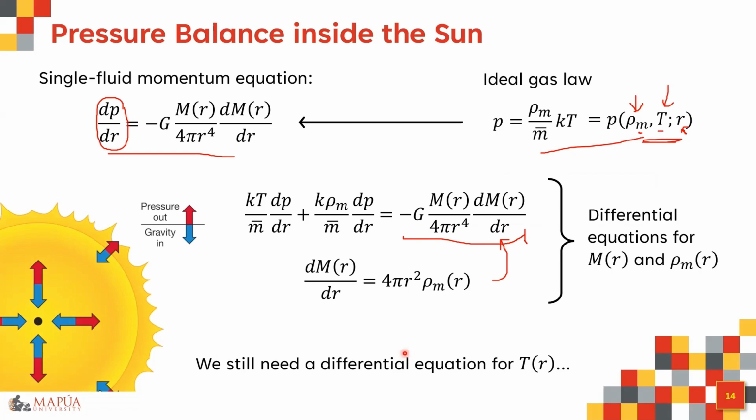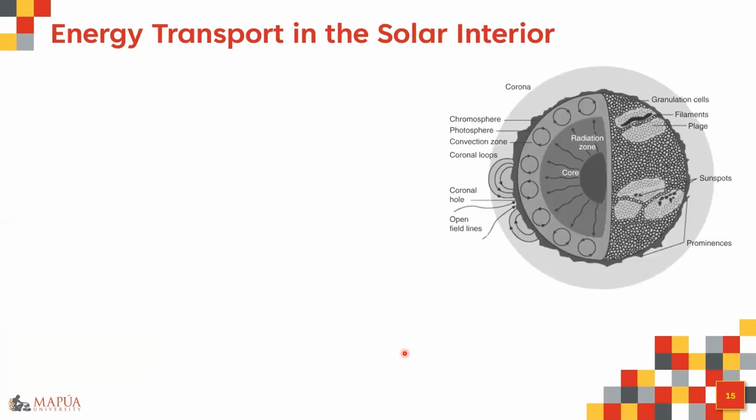Because it's really impossible for us to measure the interior of the sun. So all we can do is assume some physics about it and then do the necessary equations, and then we can come up with these differential equations and come up with an estimated structure inside the sun.